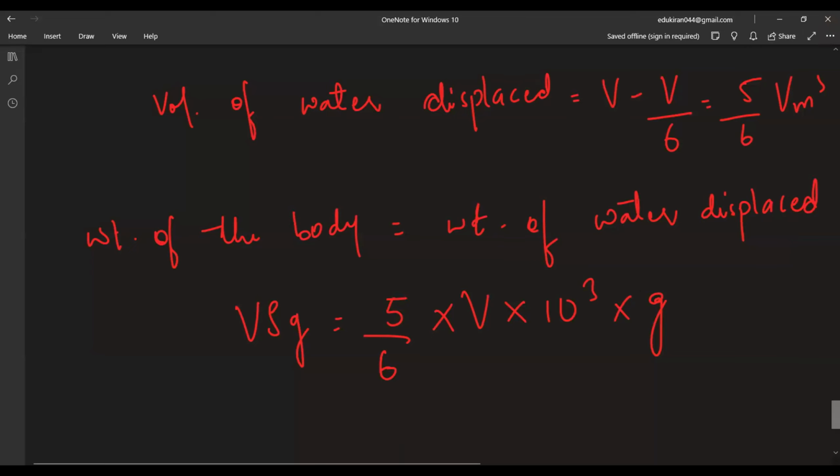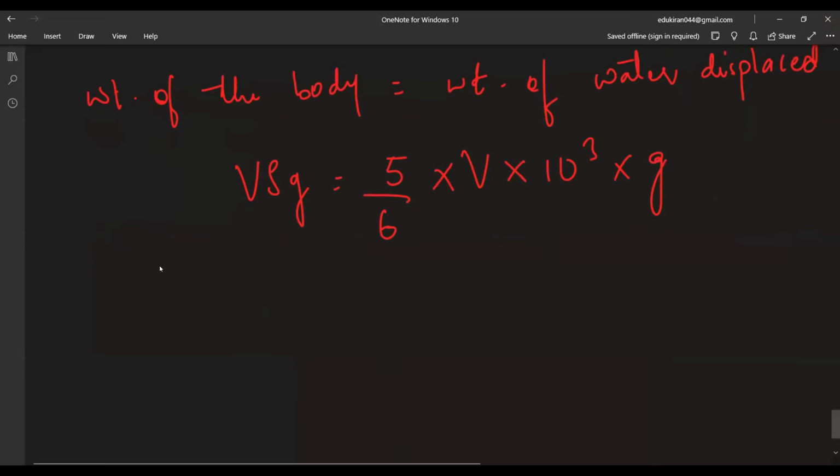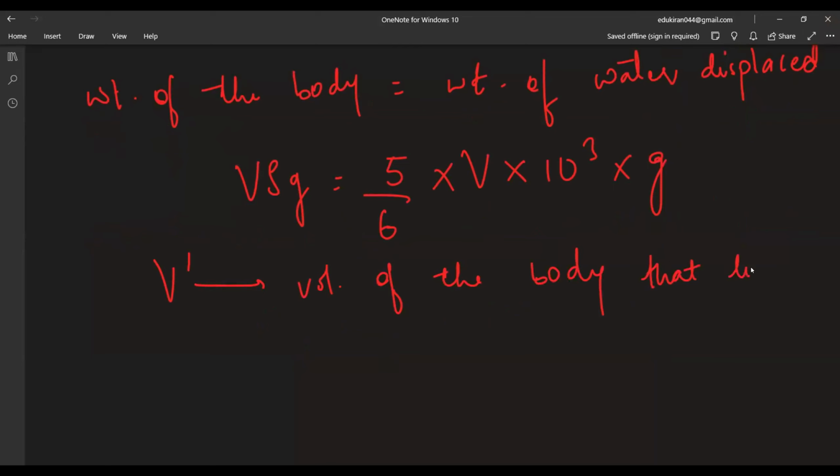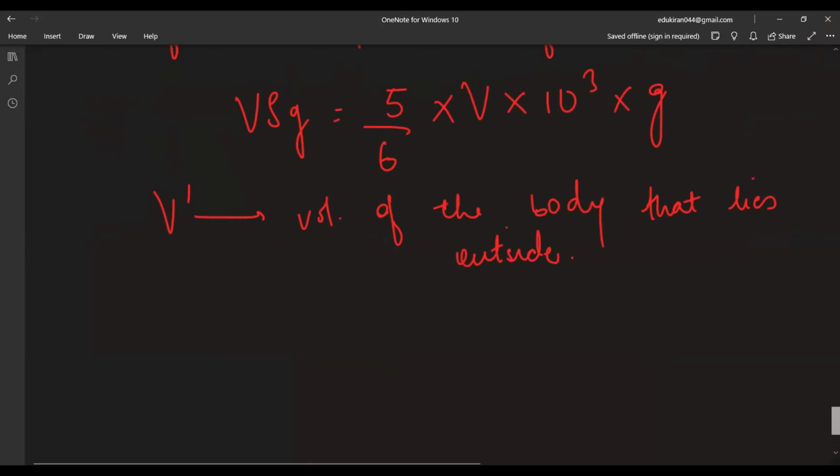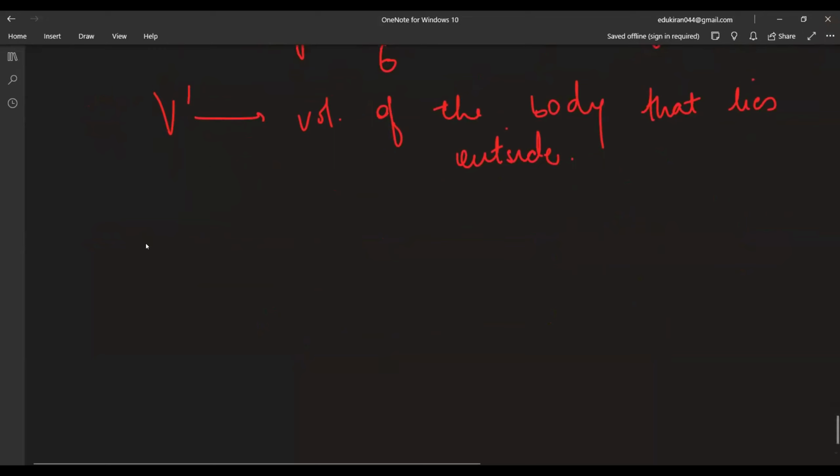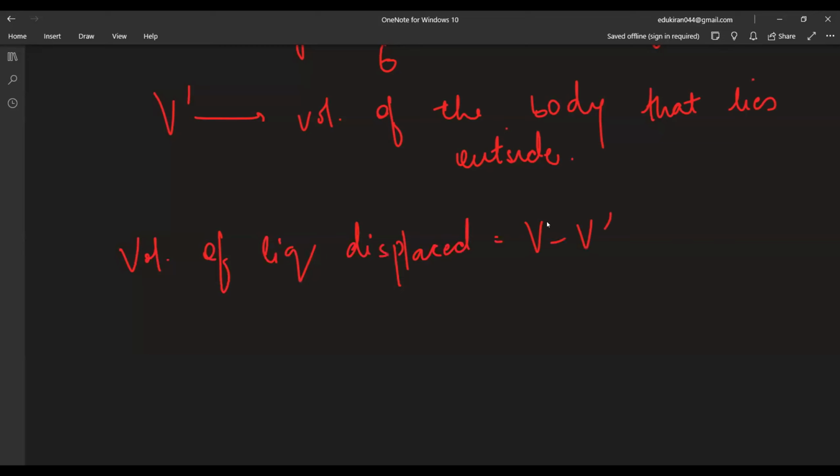Now let's say V dash is the volume of the body that lies outside, and the specific gravity is already mentioned, that is 1.2. So the volume of liquid displaced is V minus V dash.